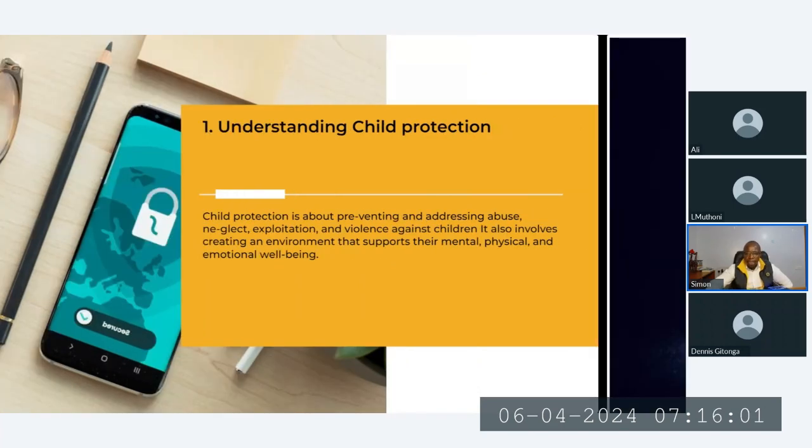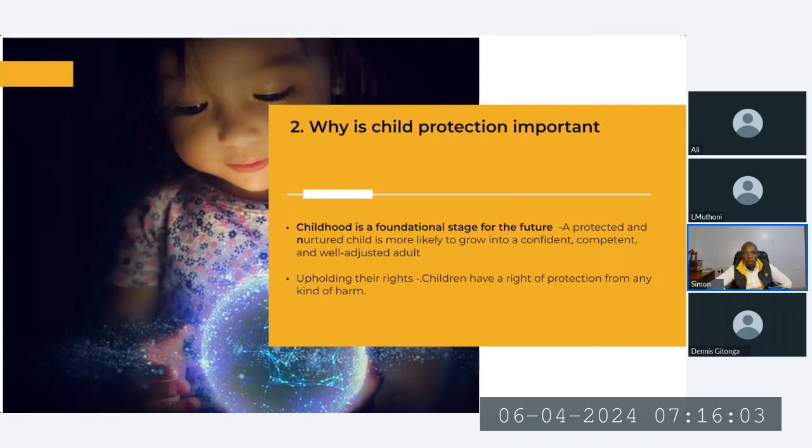And the question that often comes is, why is child protection so important? Children are the foundation for the future society. And the childhood stage is usually referred to as the foundational stage for the future.